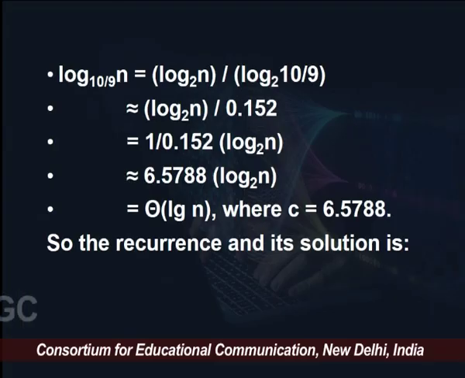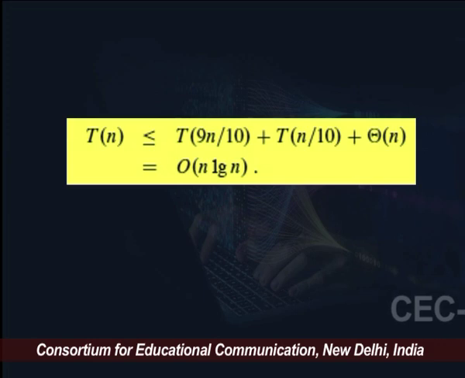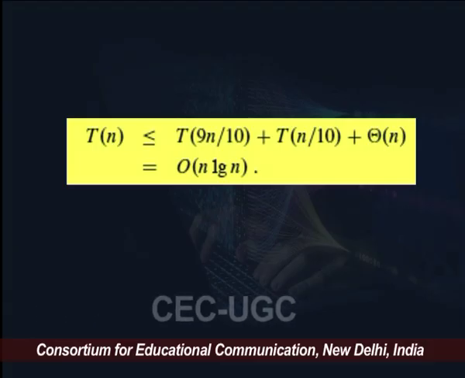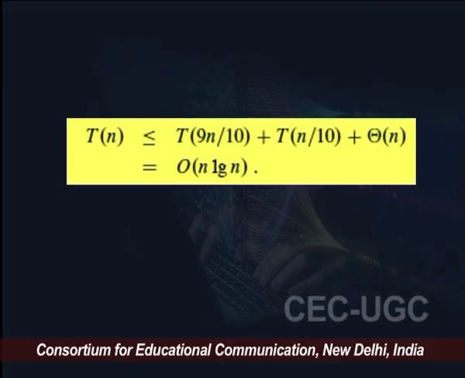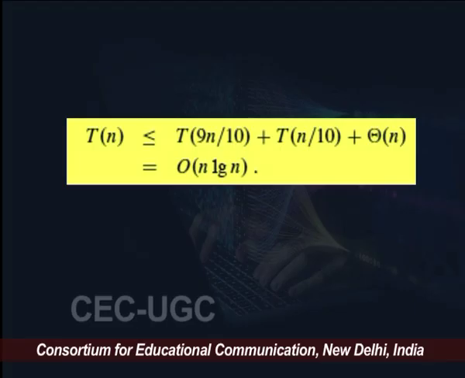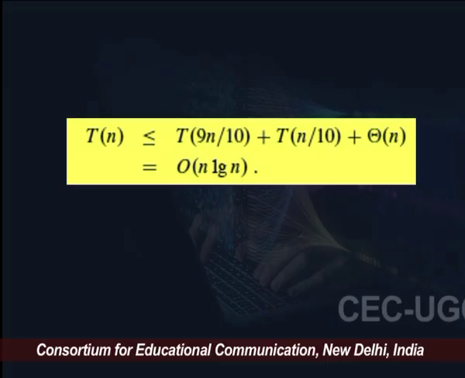These are somewhat surprising results: even in the so-called highly unbalanced partitioning, which is 1:9, my expected time complexity is as good as the best case, which is n log n, and it is not going to be on the side of the worst case complexity, which is order n square.